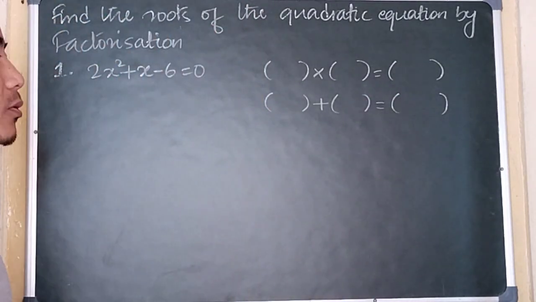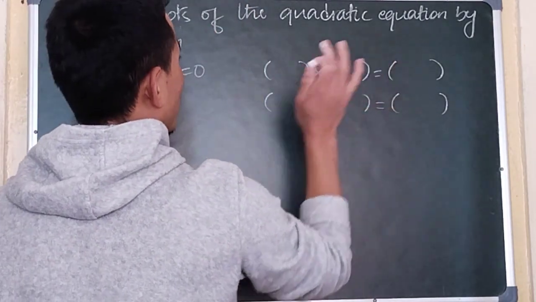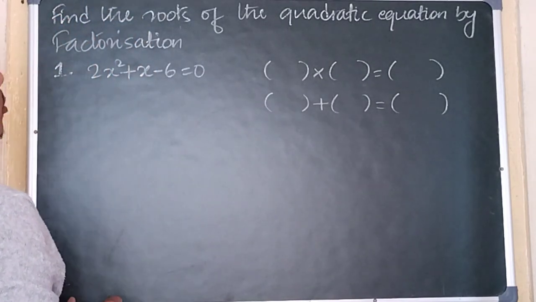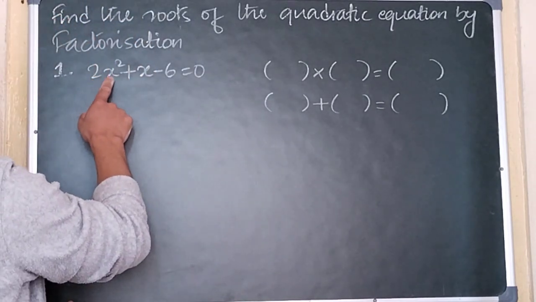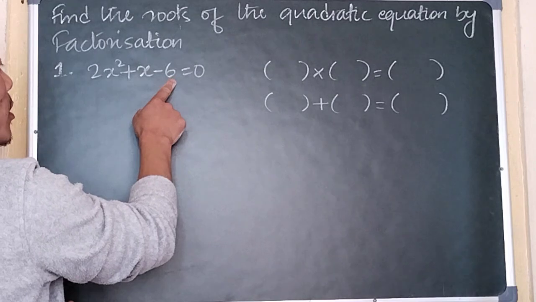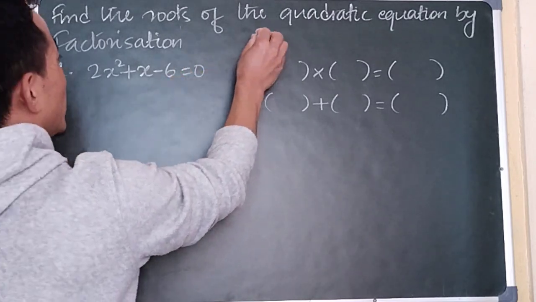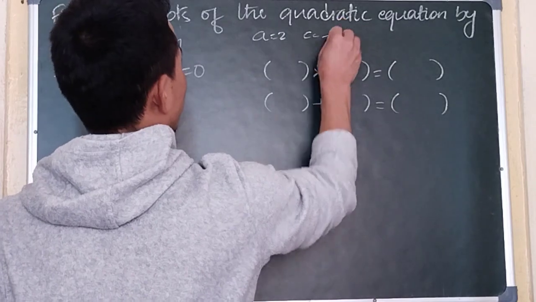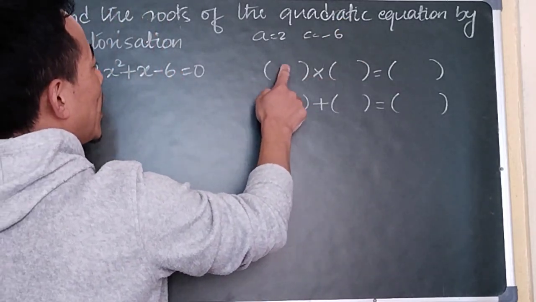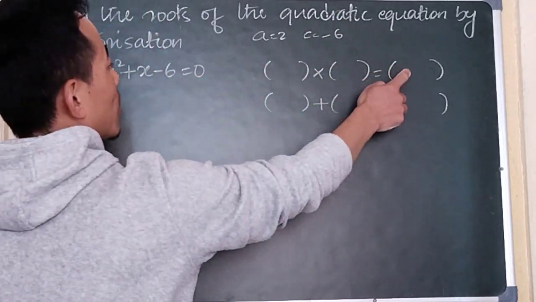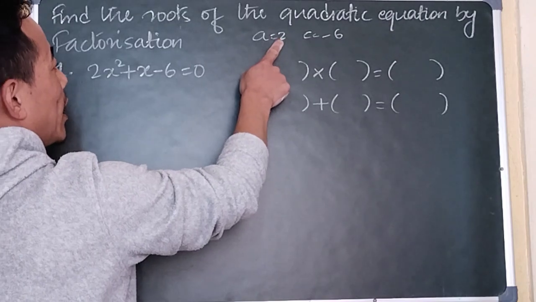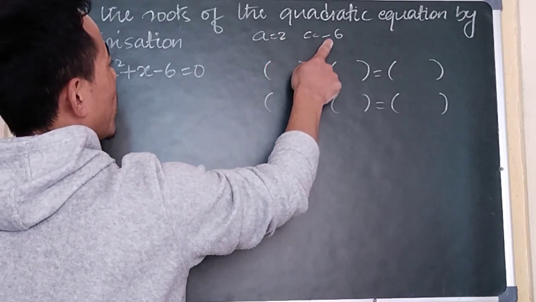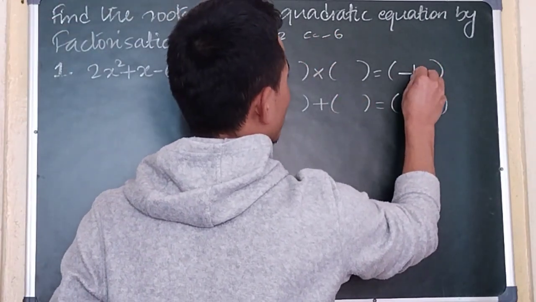The term that you should get is the product of the coefficient of x squared and the constant term, that is the value of c. Here a is equal to 2 and c is equal to minus 6. So when you multiply a and c, you must get that number here. The product of a and c here will be 2 into minus 6, which is minus 12.